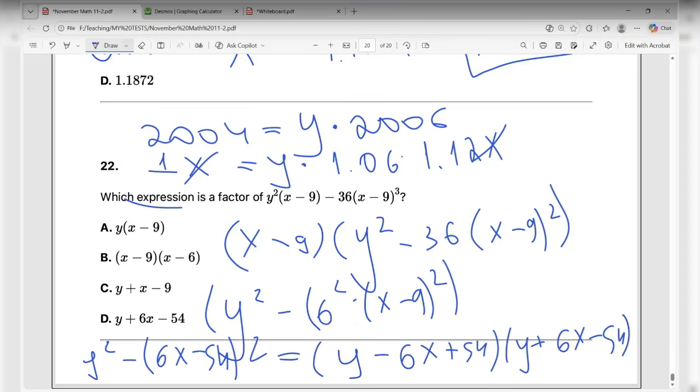So it is y minus 6x plus 54, and then y plus 6x minus 54. These are now the factors, and the one given in option D is y plus 6x minus 54.